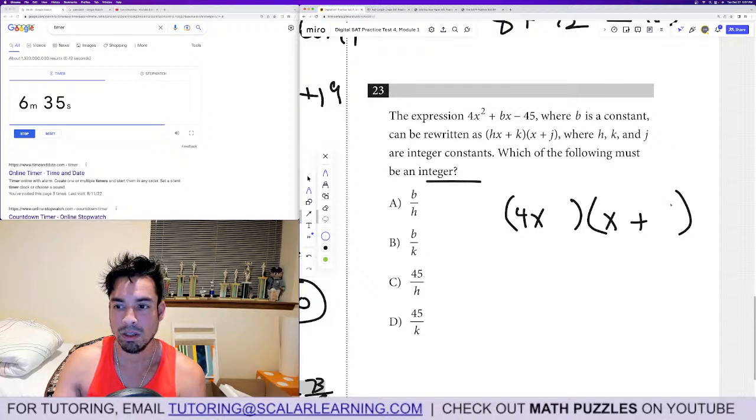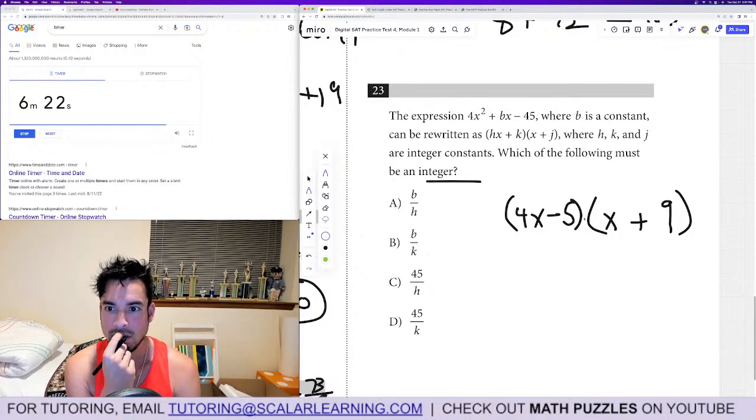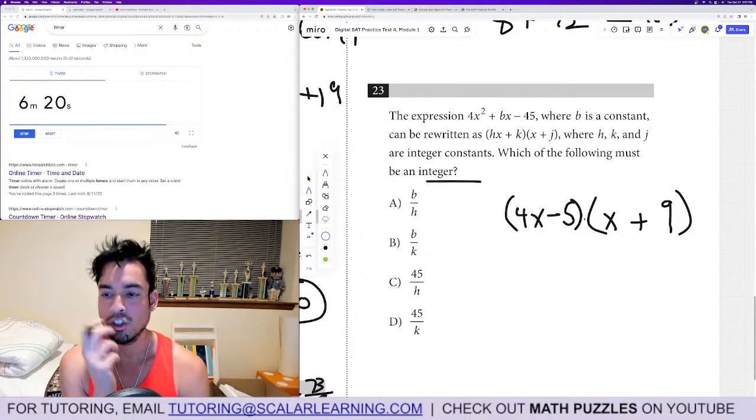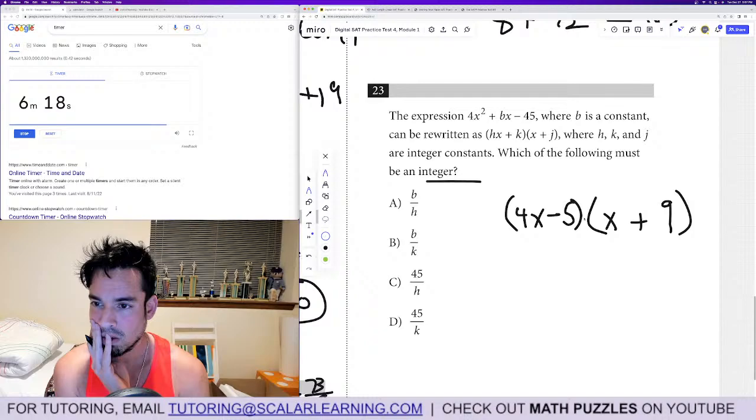This could be, hold on, let me just think about this for a second. 9 and 5. So it's 36. One of these has to be negative, because it doesn't say h, k, and j are positive. So 9, which else has to be a constant? Hold on, what, this is crazy. 45.